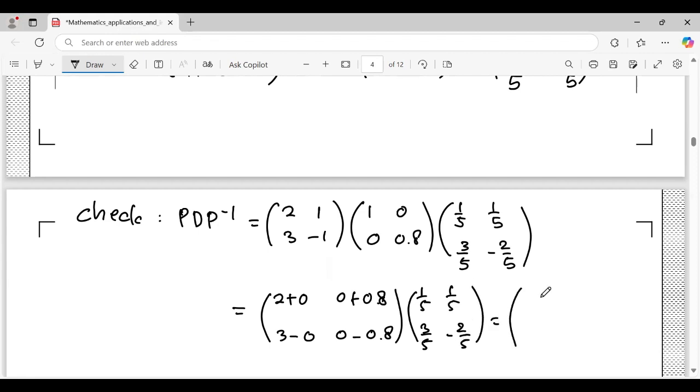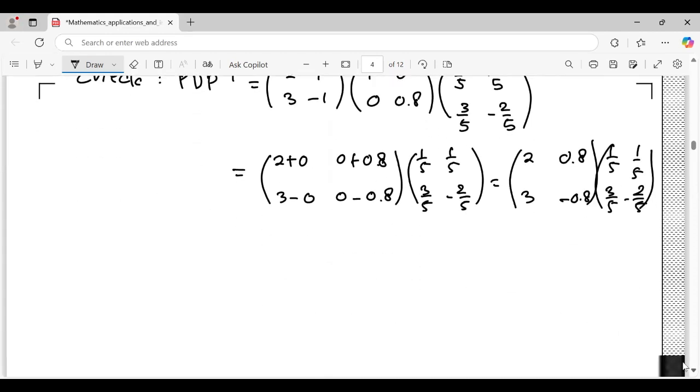So it's going to be 2, 3, 0.8, minus 0.8 times this matrix, 1/5, 1/5, 3/5, minus 2/5. Okay, we'll scroll down first.